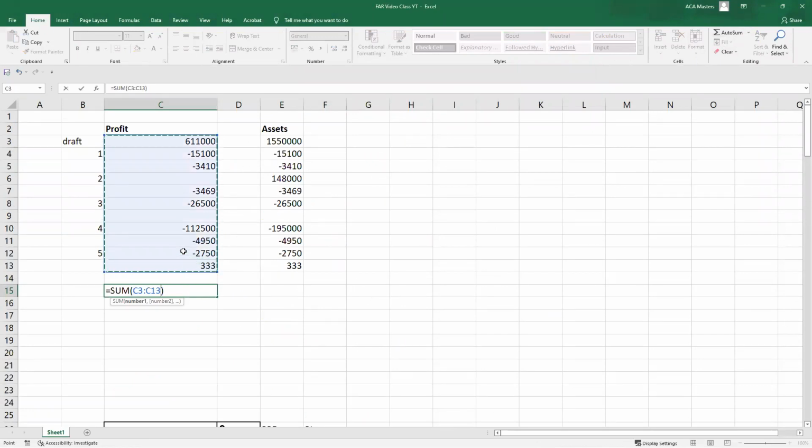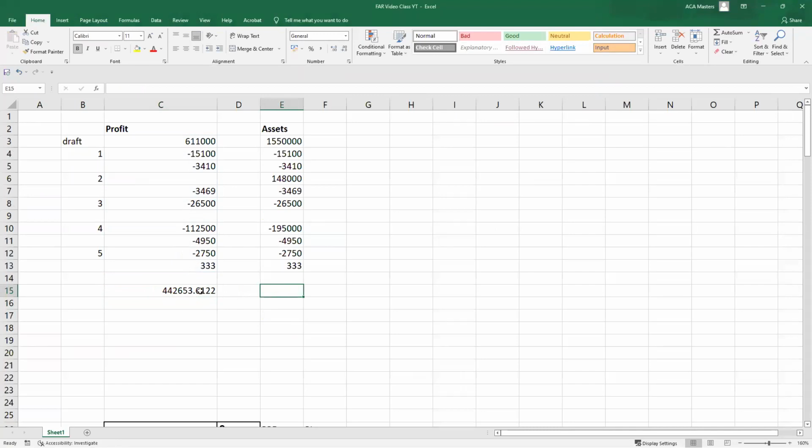And then you can just sum these up. So the profit and the assets, you can sum these up, and therefore you can get to your revised totals.